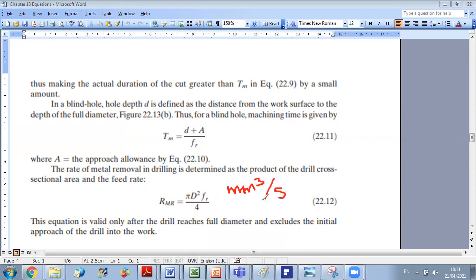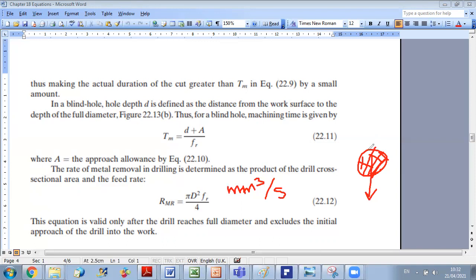Okay, so if you want to compute the removal rate in drilling, you just have to consider the drill cross-sectional area, then your drill will move with a certain velocity, the feed rate velocity.